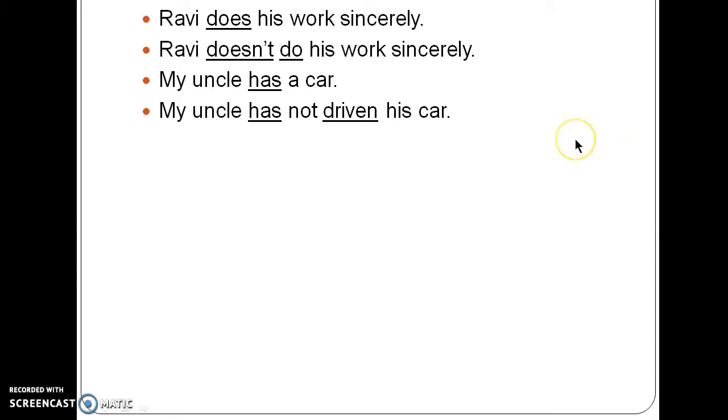Alright, so what do you conclude from this? That verbs sometimes tell you about the action done by the subject, and sometimes they help us to form the tense, to make the sentence negative and to form questions. So, on the basis of these functions, we can classify verbs into two kinds.